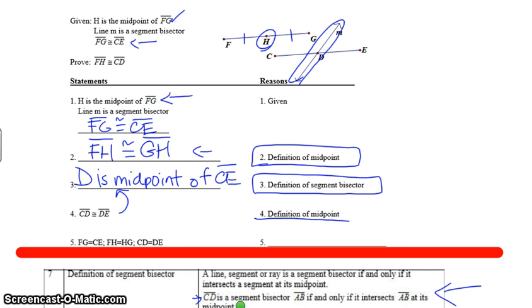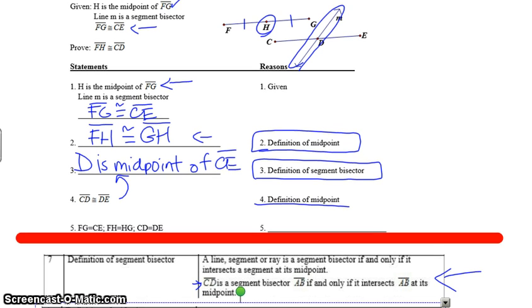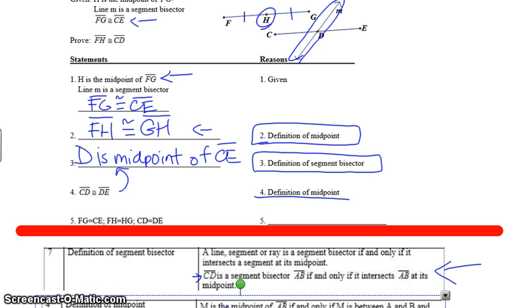So then we go down in step 5, and we have that FG equals CE. Look up here at this dot. I've said they're congruent. FH is equal to HG. I probably should have written that so that they match up so I don't get confused. So I'm going to go back and erase that and put HG so all my letters match.